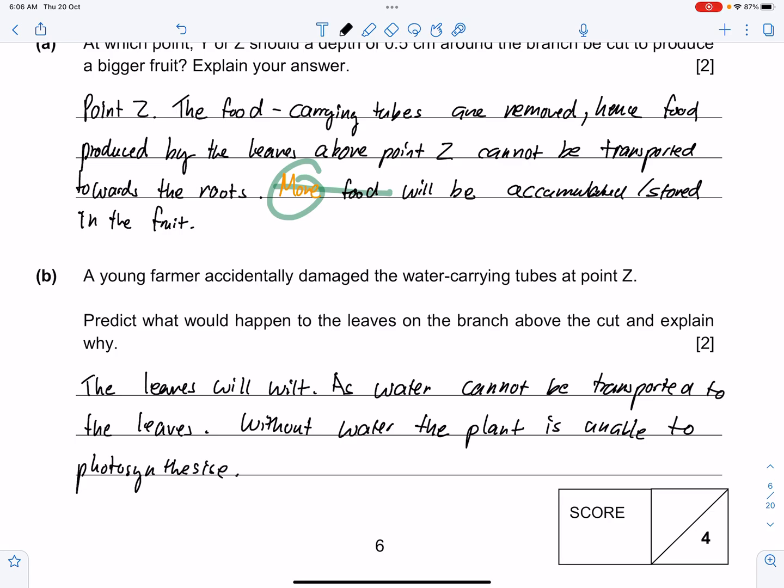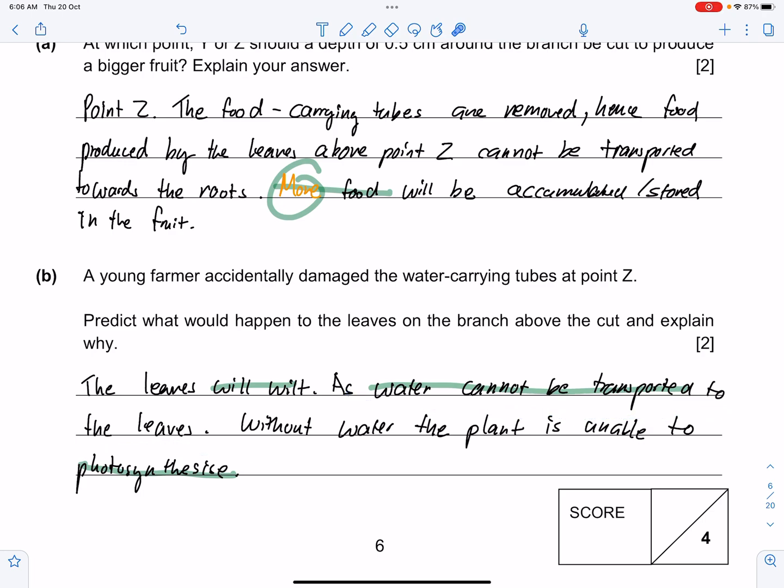So let's talk about this answer a bit. So the part about it wilting answers the question, and then the next part will be explaining it. So because the leaves cannot receive water, it cannot photosynthesize and it will die, right, or wilt. Now, many students tend to say something like, as water cannot be transported to the leaves for photosynthesis.